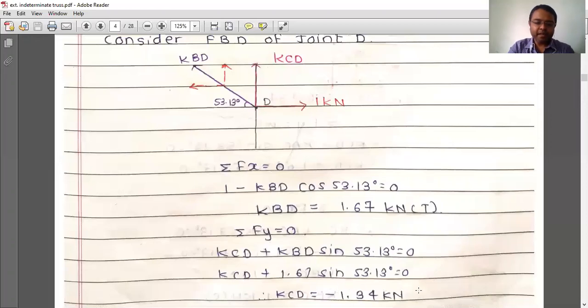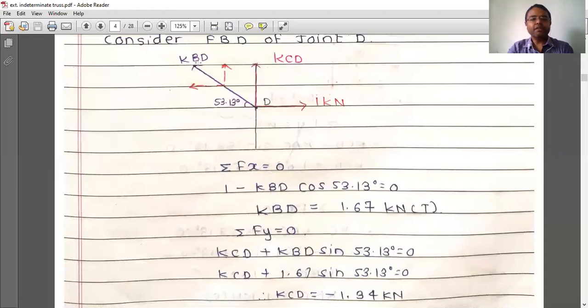Here you can write in a bracket the assumed direction, that is tensile. Every time, for every free body diagram, assume the nature of unknown members as tensile.